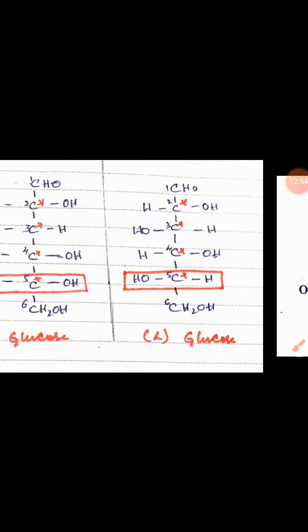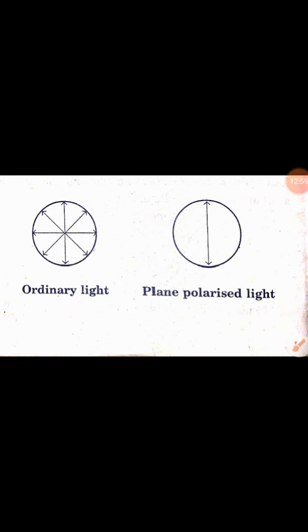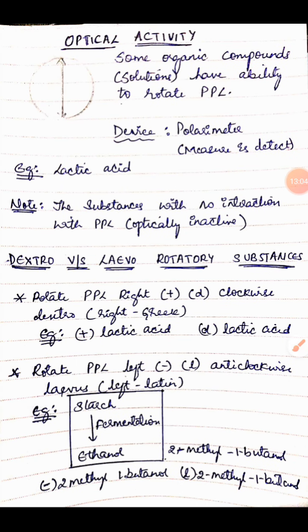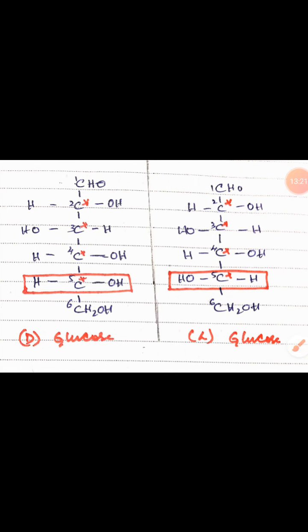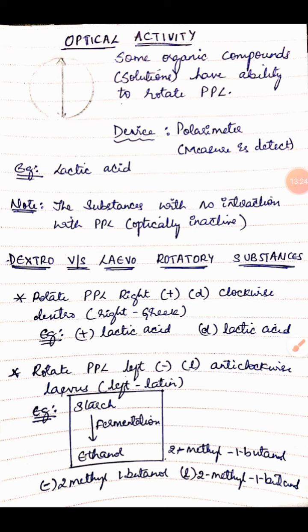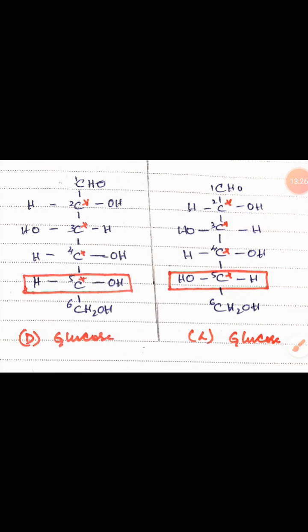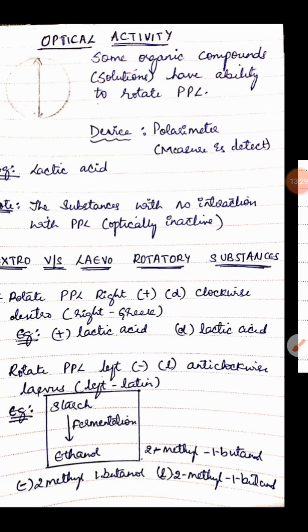For today, what we have learned is, in optical isomerism, we learned about monochromatic light, then plane polarized light, and then what is optical activity and how it is measured, and how the plane polarized light is rotated in the clockwise and the anti-clockwise direction, the dextro and the levo-rotatory substances, and what is the difference between isomers and the optical activity, that is the difference between capital D small d and capital L small l.